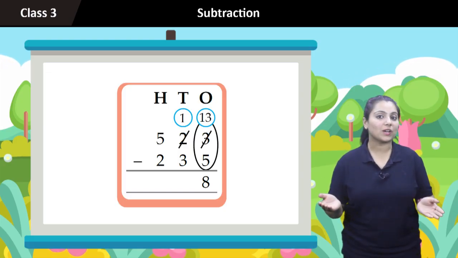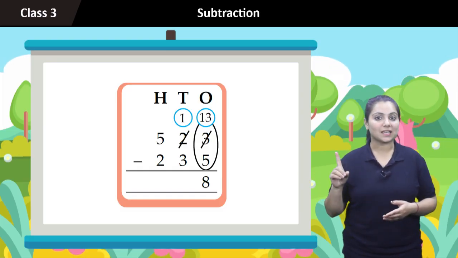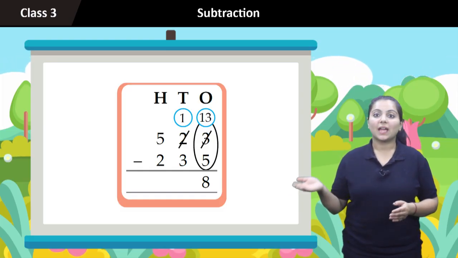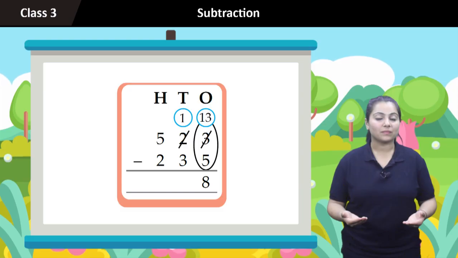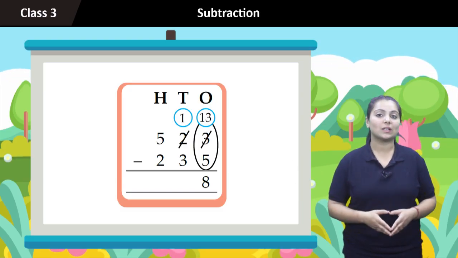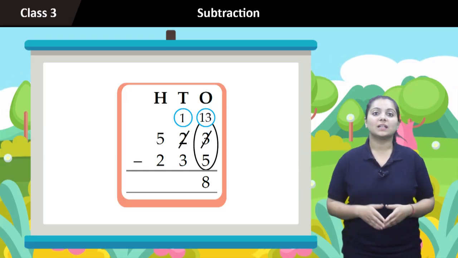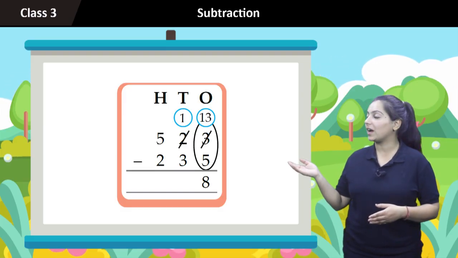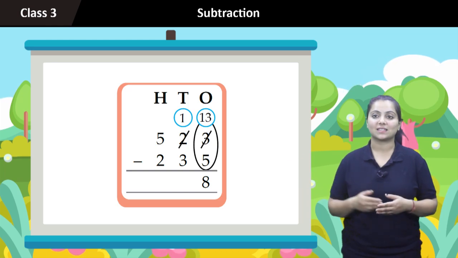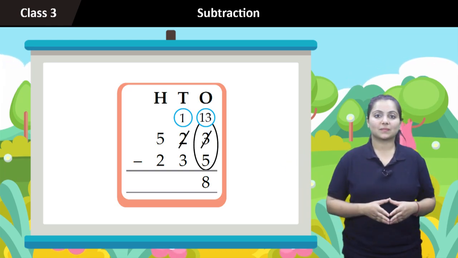As we cannot subtract 5 ones from 3 ones, we borrow 1 ten from the tens column and regroup the ones column as 3 ones plus 10 ones, that is equal to 13 ones. Now 13 ones minus 5 ones is equal to 8 ones. Write 8 under the ones column.